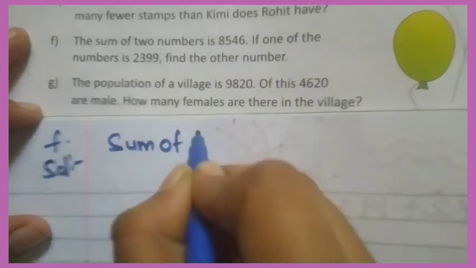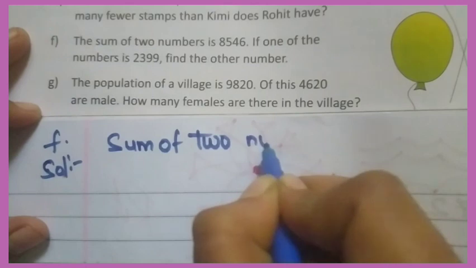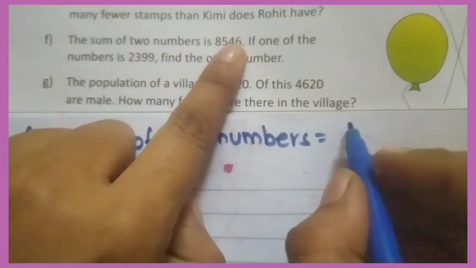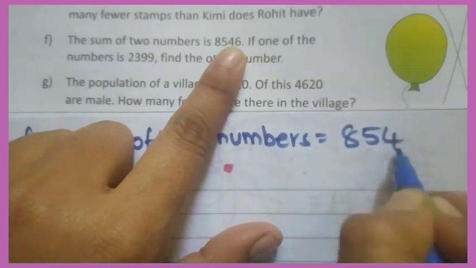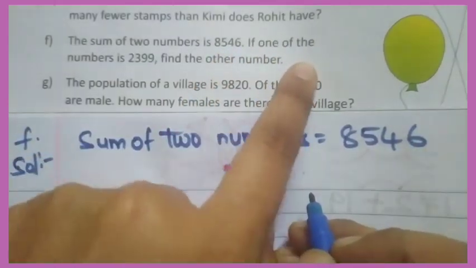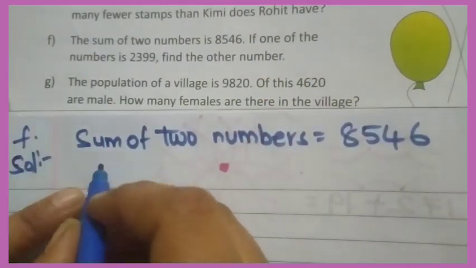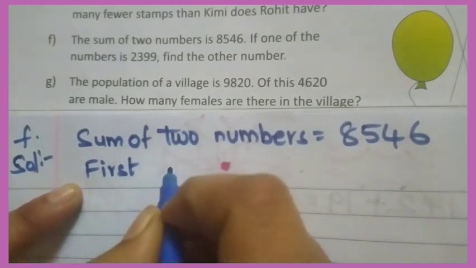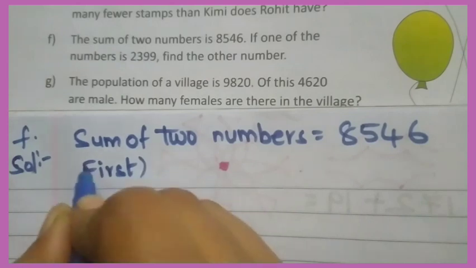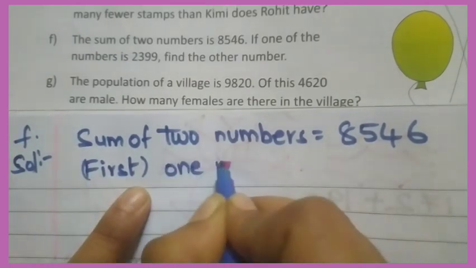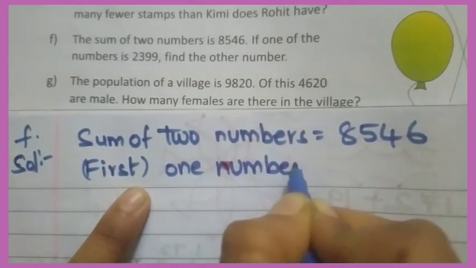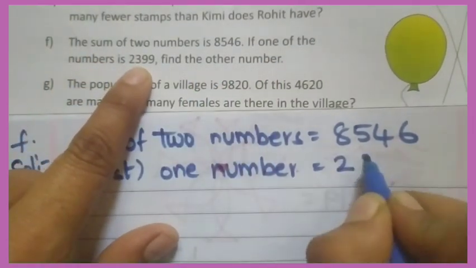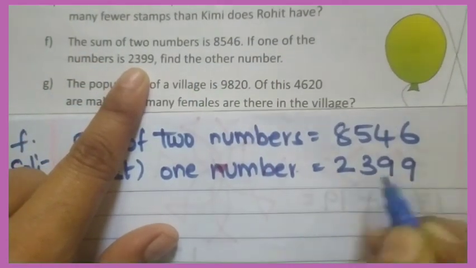Sum of two numbers. How much they given? 8546. In that one number, that is first one number. What is that? 2399.